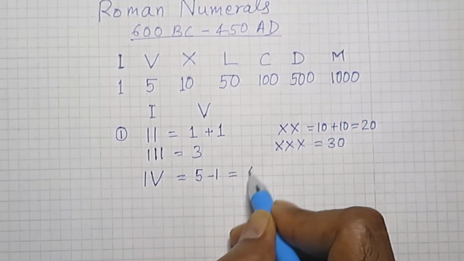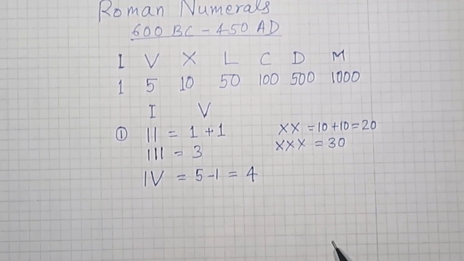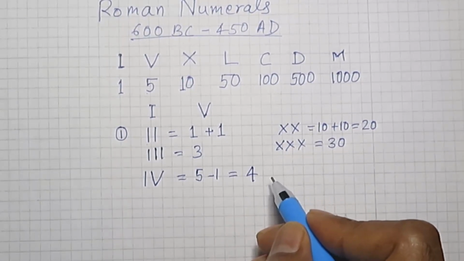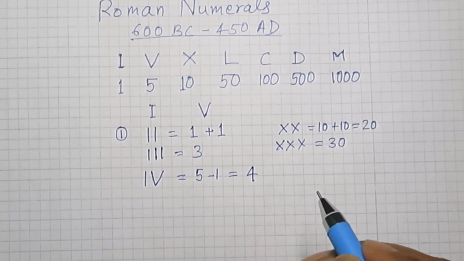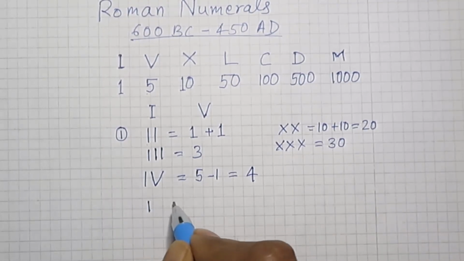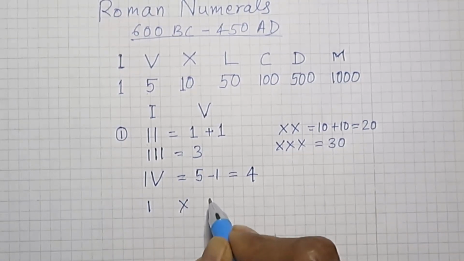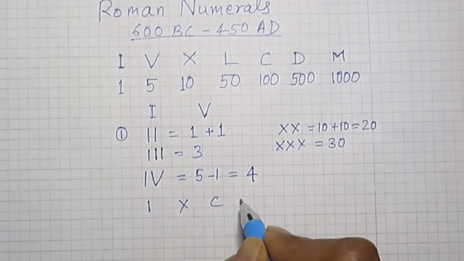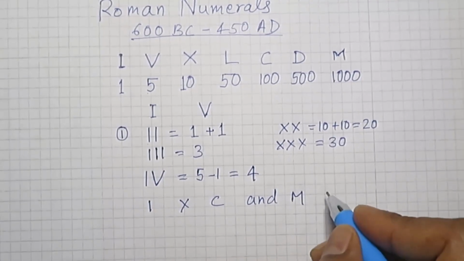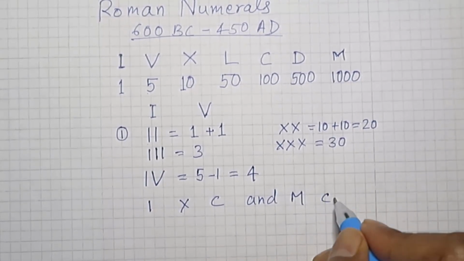So therefore it is 4. So this is the rule. But there is another rule which says that only I, X, C and M could be repeated.